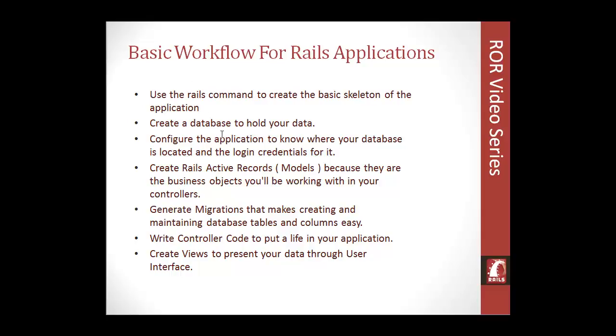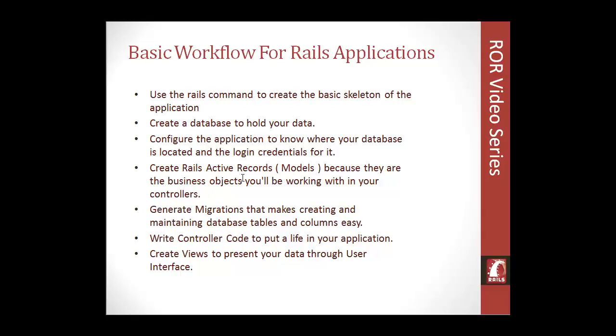Then we created a database. We did that in chapter 1. We created the Postgres database, and we configured the database config file. Configure the application to know where your database is located, and the login credentials. That would be the database.yml configuration file.